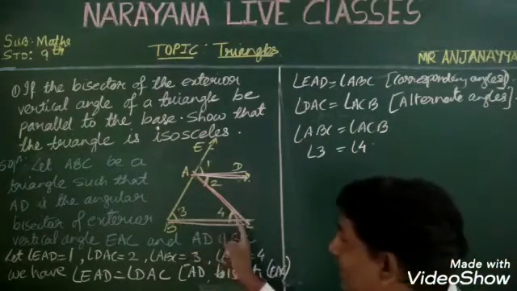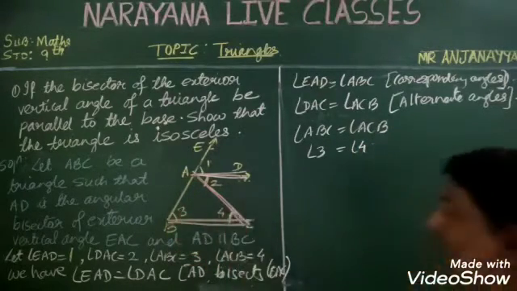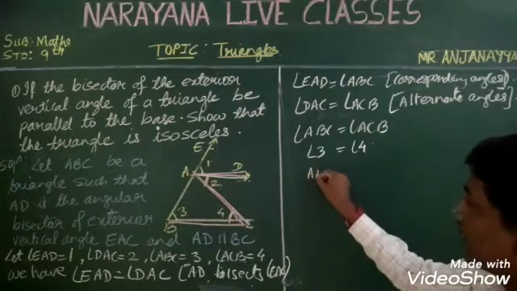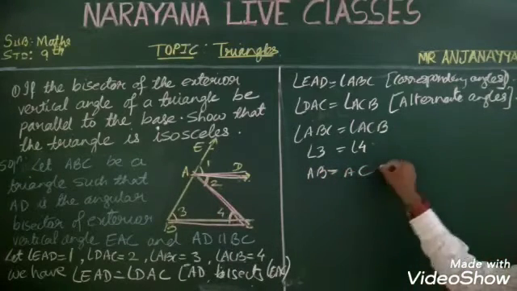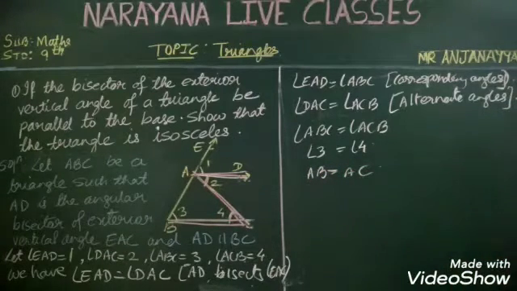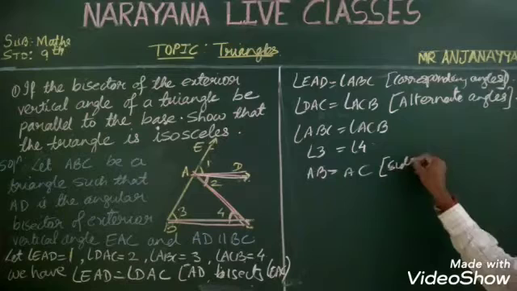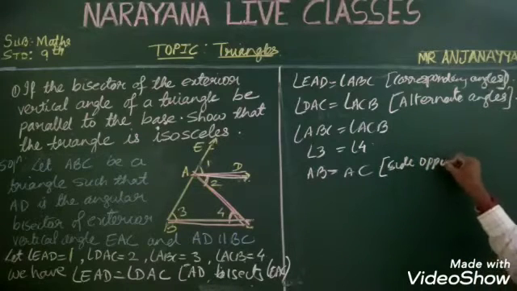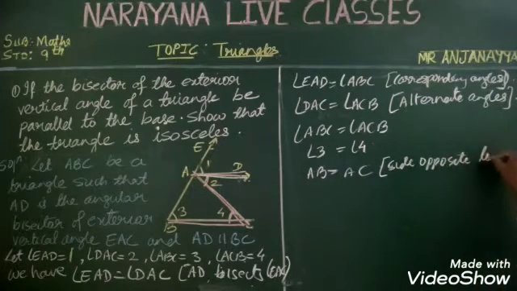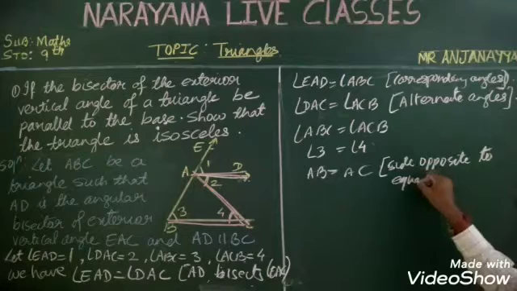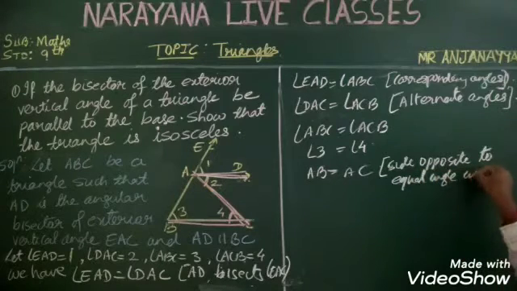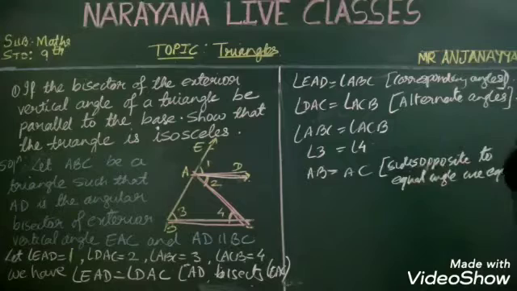If two base angles are congruent, sides opposite to them are congruent, so I can say AB is equal to AC. We can say the reason is sides opposite to equal angles are equal.